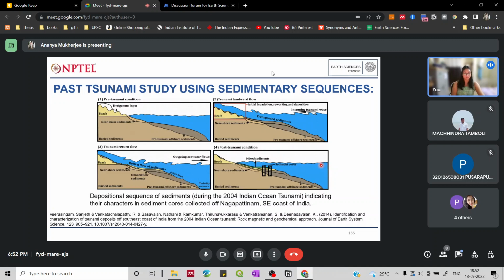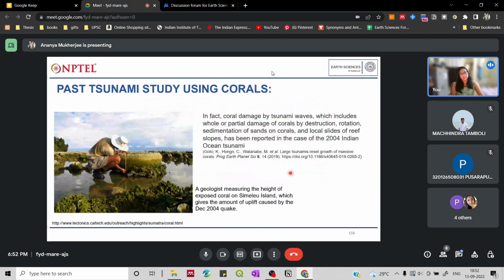Now another way that we can study past tsunamis is using corals, and understanding how they are growing, their shape, okay. So this is an example of how a geologist is measuring the height of the coral over here, and this coral has been exposed on top of the surface because of the 2004 Sumatra Andaman earthquake, okay.